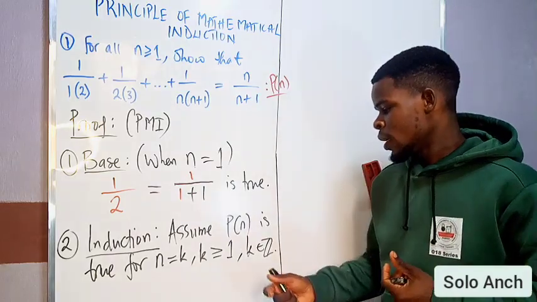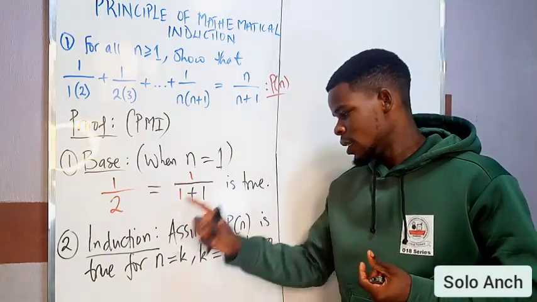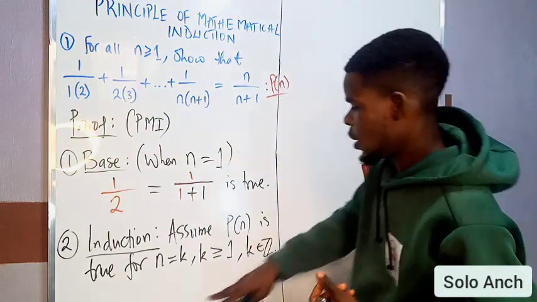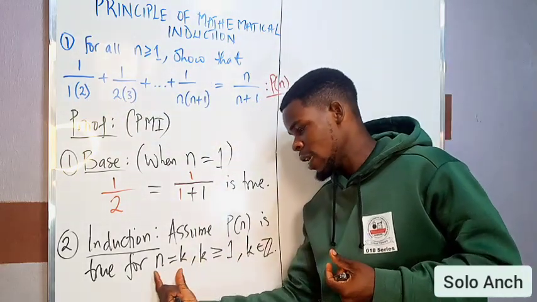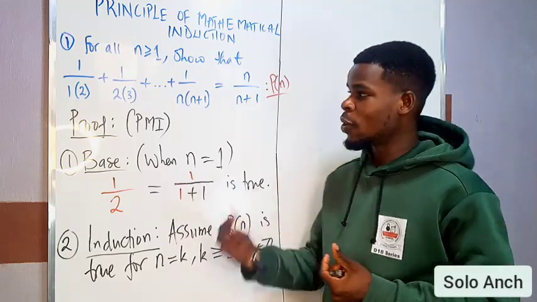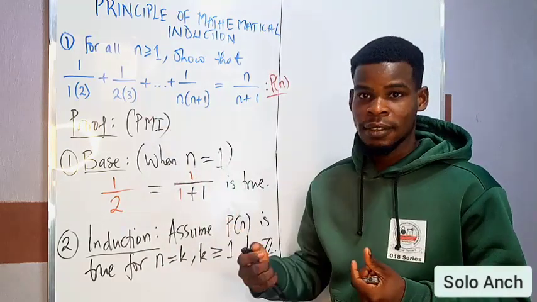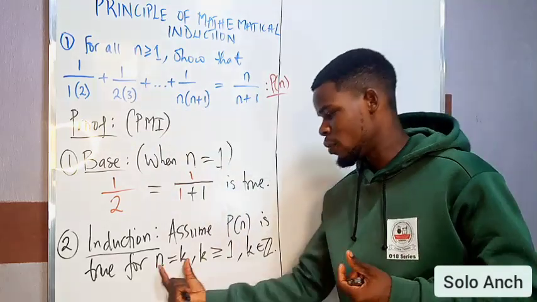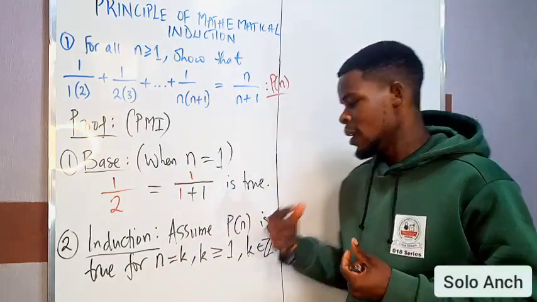Good. That is, we assume that this statement here, which we've labeled as P of n, is true when n is k. That is, when the number of terms we are adding is actually k, right? This is like adding n terms. So when the number of terms you are adding is k. Good.